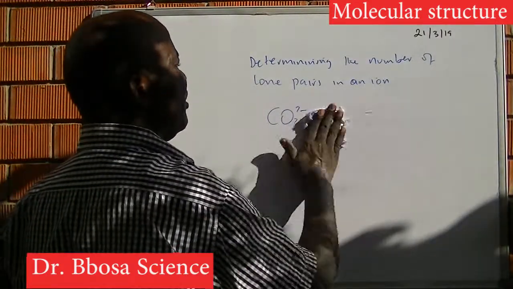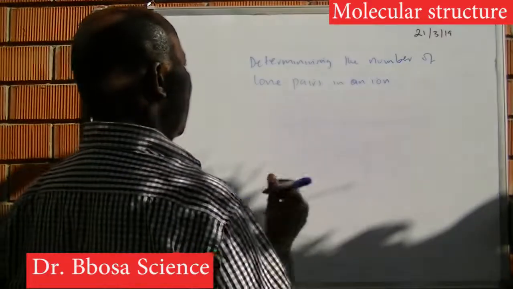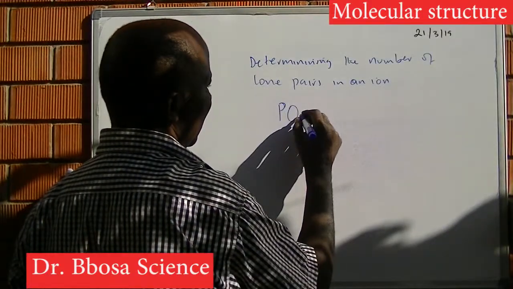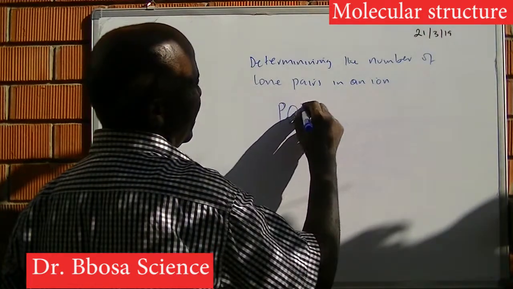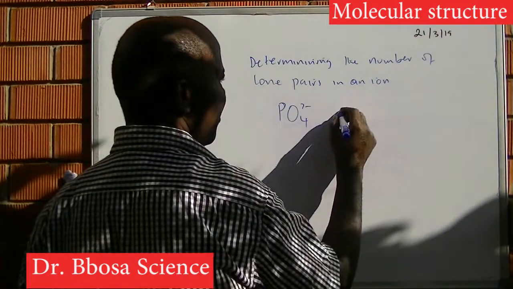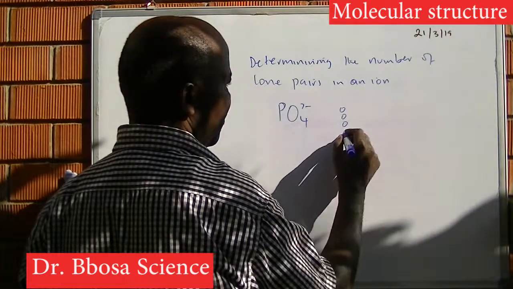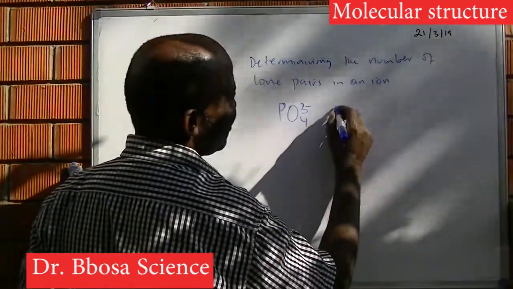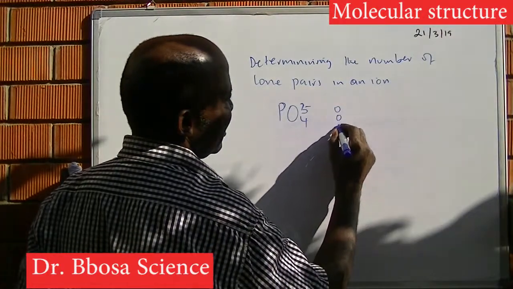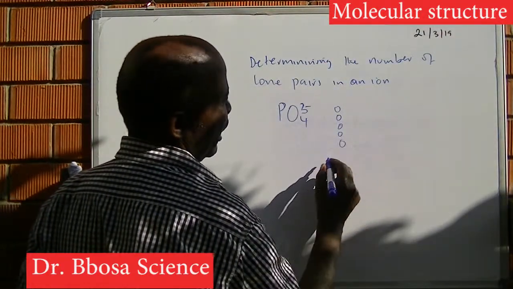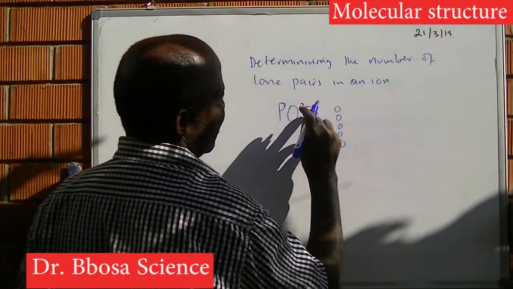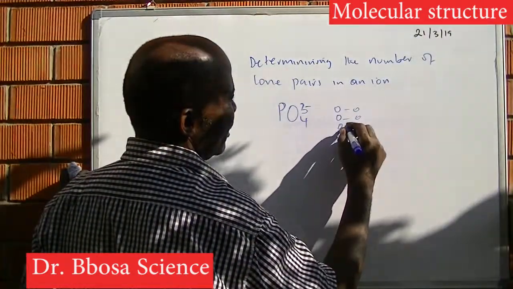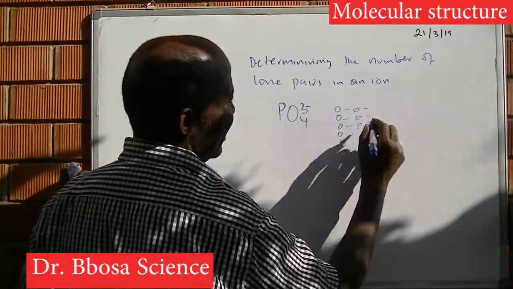Another example is the phosphate ion, 2 minus. Phosphorus is in group 5, 1, 2, 3, 4, 5, so it has 5 electrons in the outermost shell. 3 electrons will bond with 1 electron each, and each one will carry a negative charge.